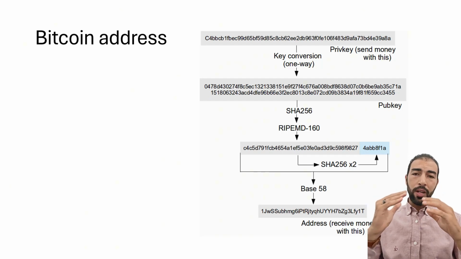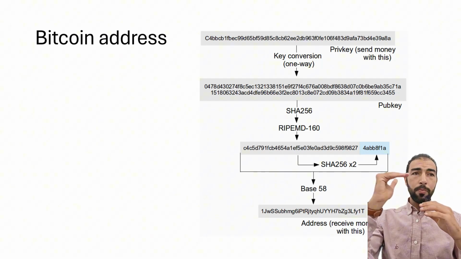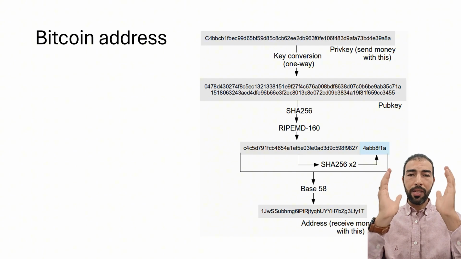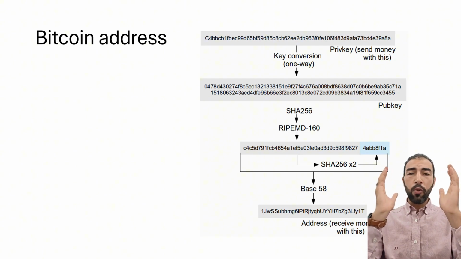Do I use it? No, I am not using it. I take this public key and hash it twice for more security and to reduce the size. Do you see how large the public key is? This is a lot of data. No, we don't need all of this.